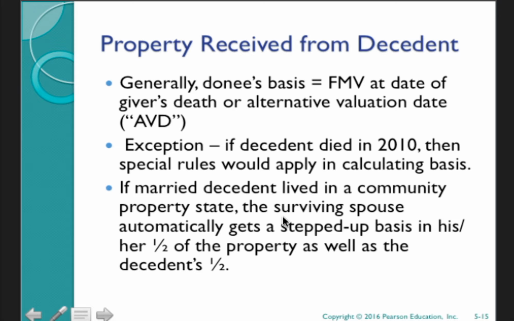So the fair market value changes, or the adjusted basis changes to the fair market value at that time. And this just lets you know that it also changes for the living spouse at that same time. So something to keep in mind there. And obviously, community property states are the heavy minority, but if you practiced in one of those states, obviously you would pay more attention to these rules.